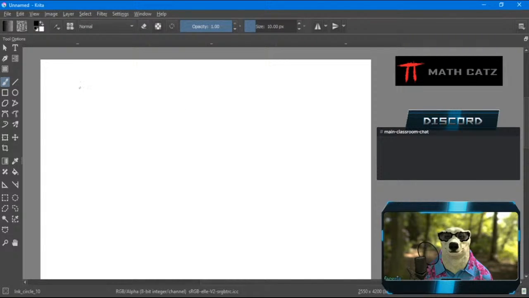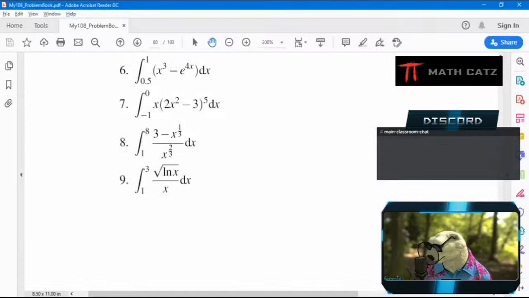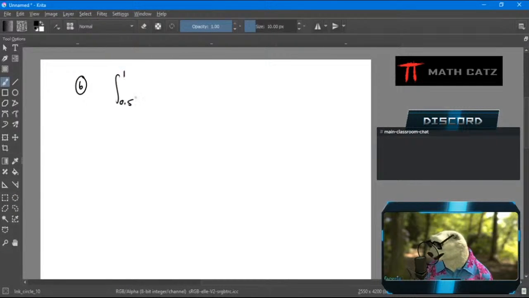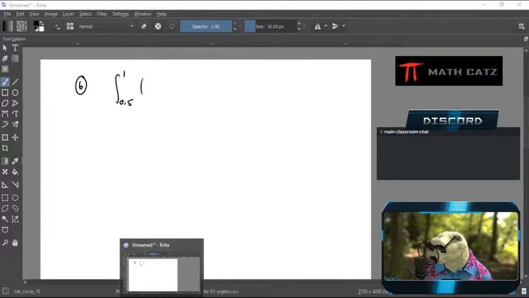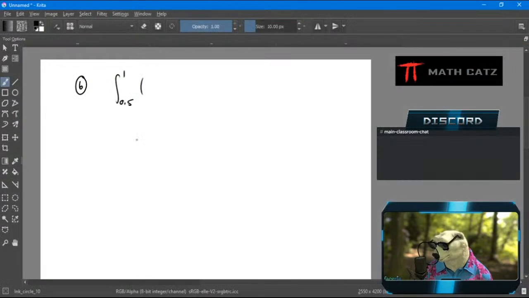Before we actually put the area layer on, let's just practice the definite integral. 0.5 to 1, x cubed minus e to the 4x. Now that's not a straight line anymore, so I really have to use my calculus to find the area, whatever that might look like.